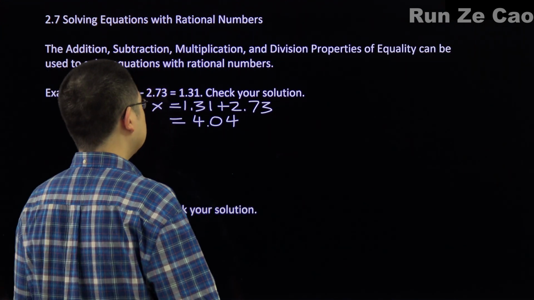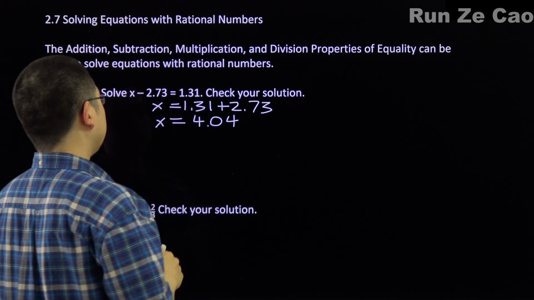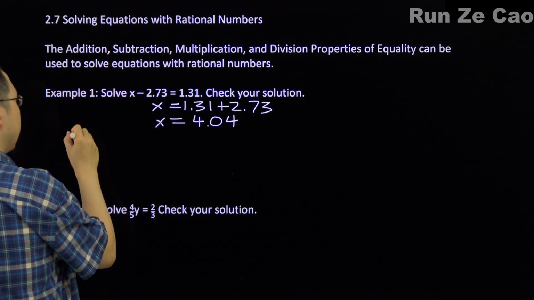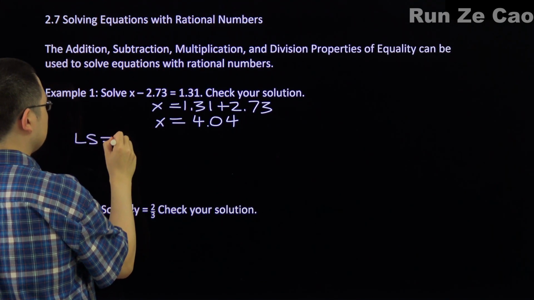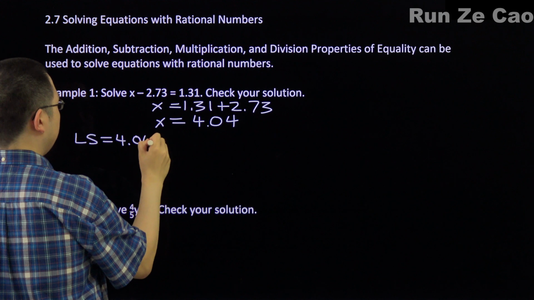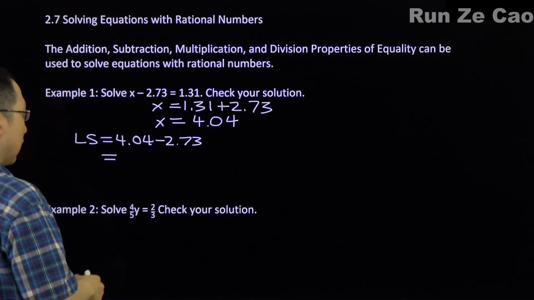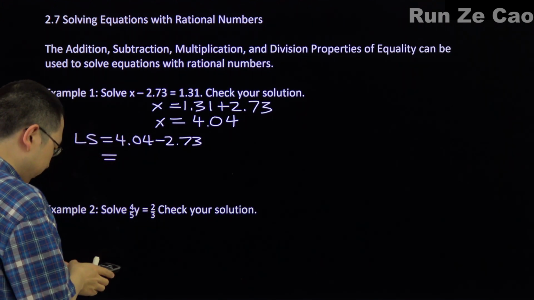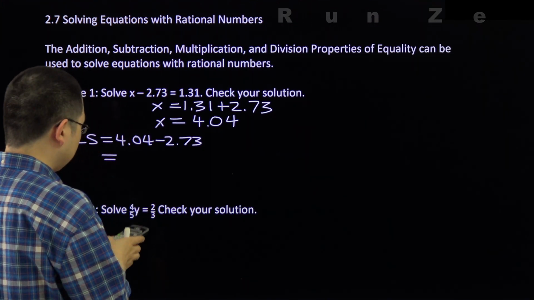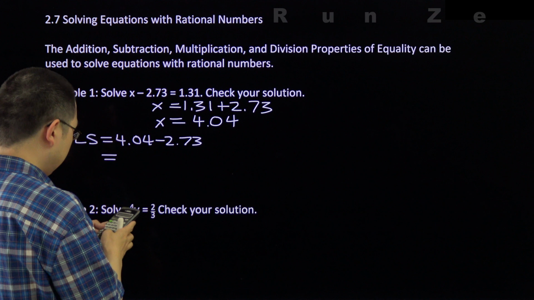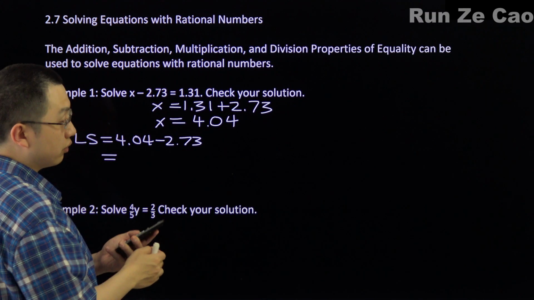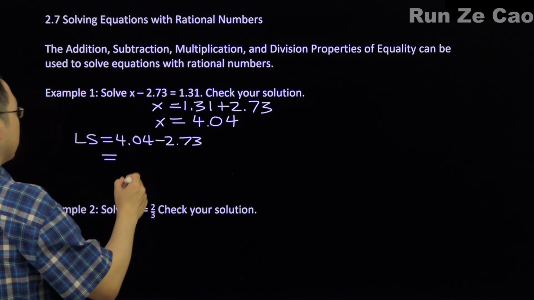So, check your solution. Left side is equal to 4.04 minus 2.73. And in case you don't trust my mental math for whatever reason, or you don't trust your own mental math, when you're doing a problem, do use a calculator if you need to.